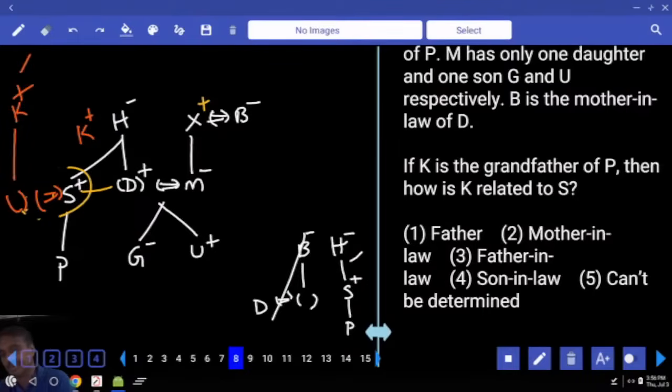K can be either maternal grandfather or paternal grandfather. That information is not known, and it's 2 different possibilities, and that is the reason we have opted for cannot be determined. Is that fine?